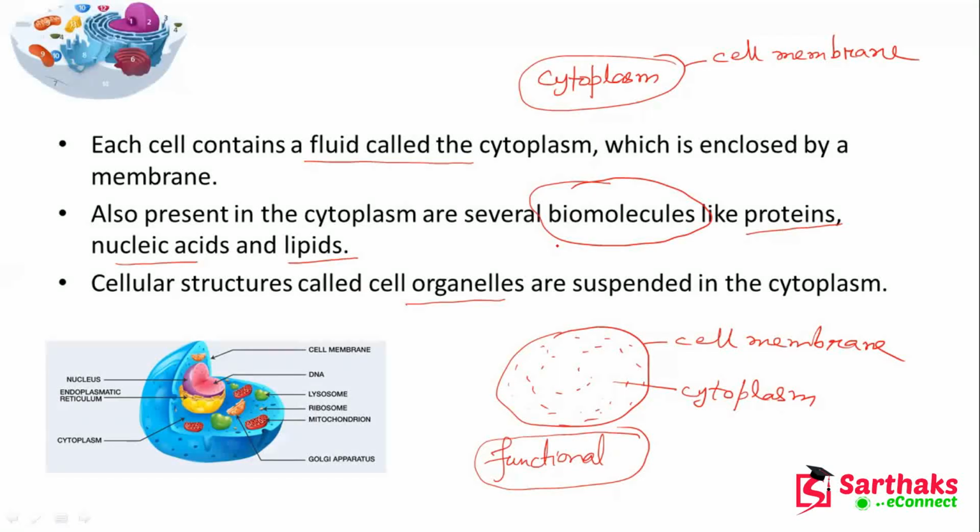Whenever we say that any organ is doing its job or its function, it is actually the cells that are doing the job, doing the function. And the cellular structures called cell organelles are suspended in the cytoplasm.